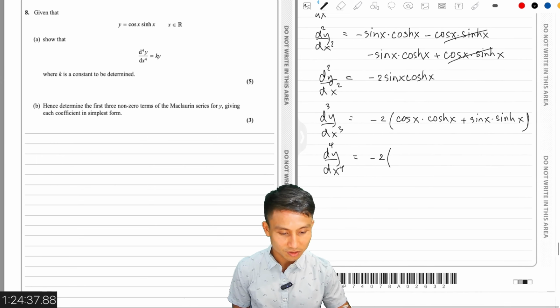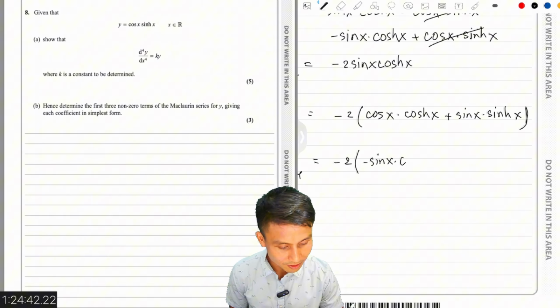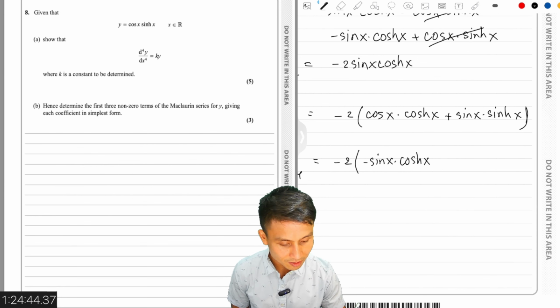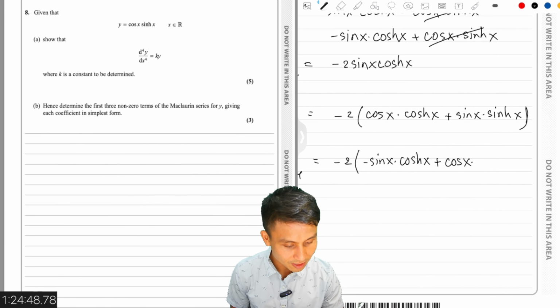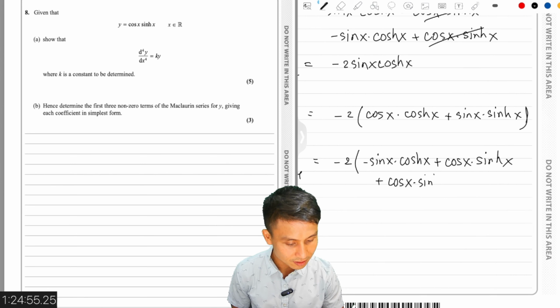Minus 2, I'm just going to differentiate inside. So differentiating cos, I get minus sine. Keep that the same, I get cosh. Ooh, 4 terms. Differentiating the second one, I get a sinh. Now on the second one, differentiating the first, keep the second the same. Differentiating the second, keep the first the same.